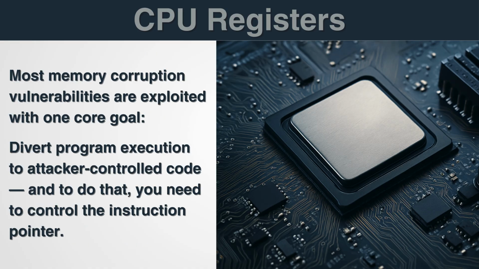And most memory corruption vulnerabilities, like buffer overflows, use after free, and stack overflows, for example, are exploited with one core goal: diverting program execution to attacker-controlled code. And to do that, it helps to control the instruction pointer.